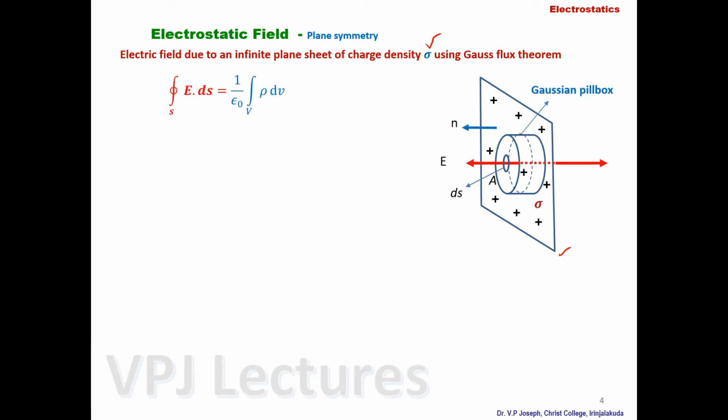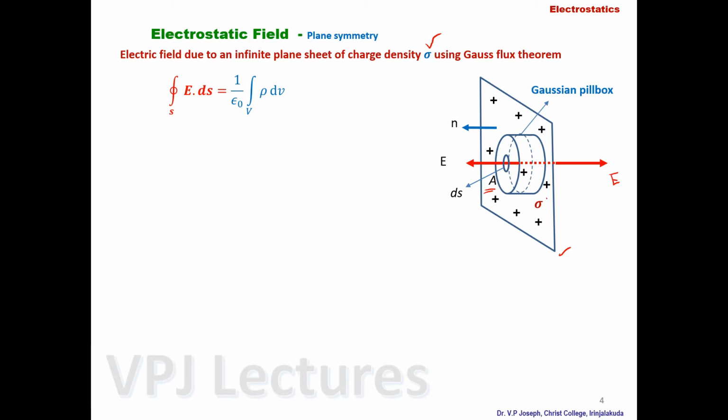A cylindrical Gaussian surface is shown with two flat ends of area A, and the electric field is perpendicular to the flat sheet. It is extended to both sides of the sheet.